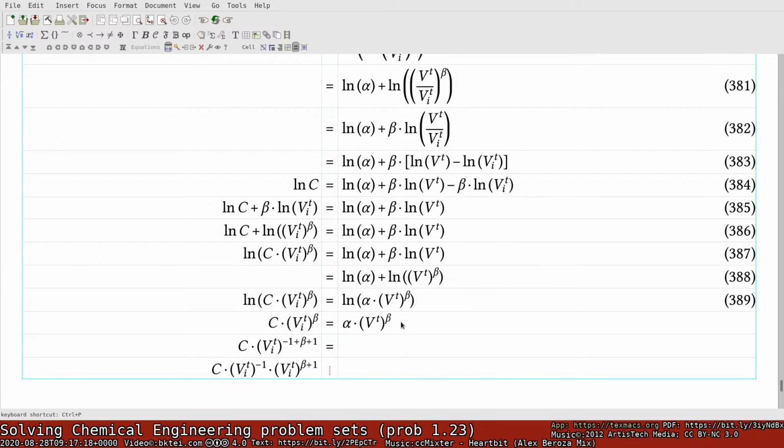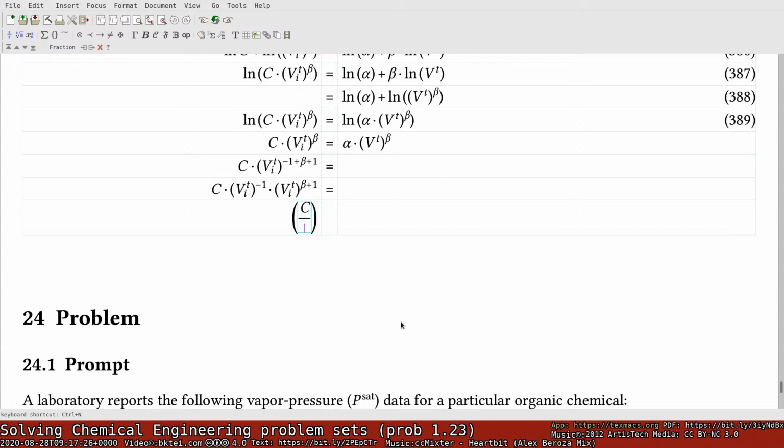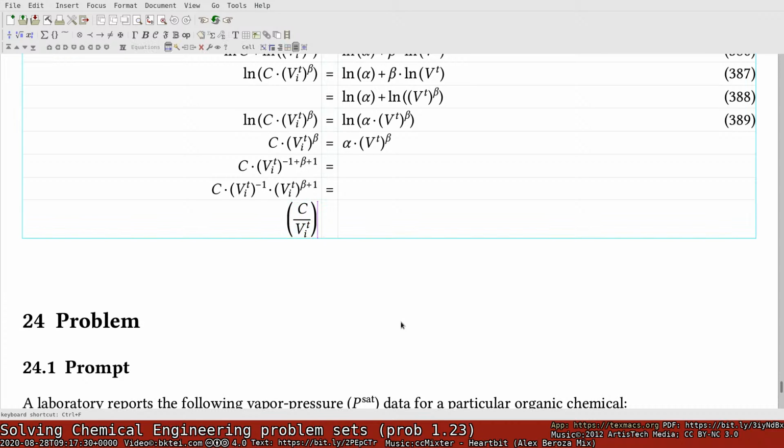Does that make sense? Then we would have our factor, the one that we were looking for, which is C over V sub I T times, well, that. But that's just a number. I mean, we don't really care about that.